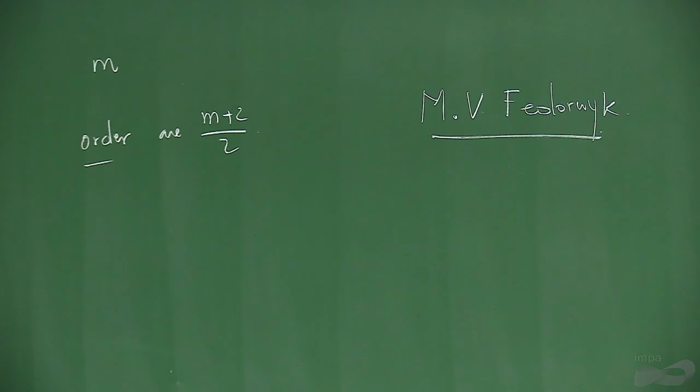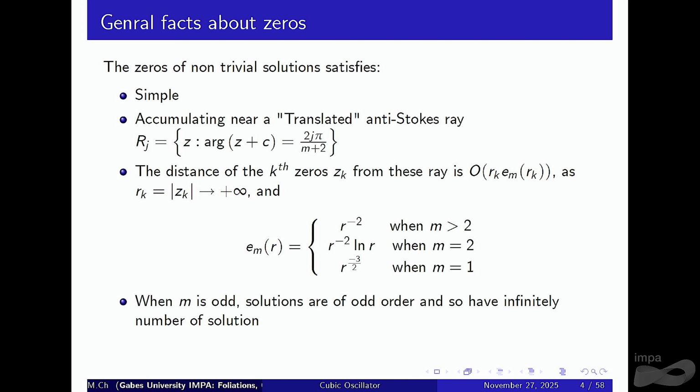So, in the odd degree case, we always have infinitely many zeros, and quasi-exact solvability may appear in the case when m is even, like degree 4 or degree 6 polynomials. This is a general fact of this type of classical equation defined by this ordinary differential equation.